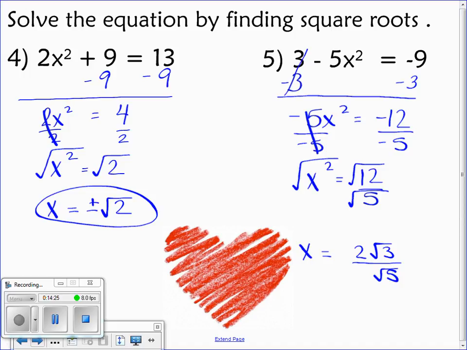On the bottom, you have radical 5, which I can't do anything with. But I can't leave a radical on the bottom, right? I have to multiply top and bottom by radical 5. Good, so that'll be just a 5 on the bottom, 2 radical 15 on top. And don't forget your plus minus.